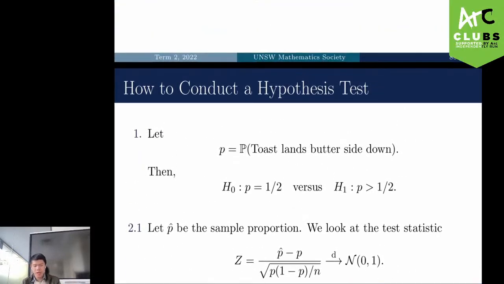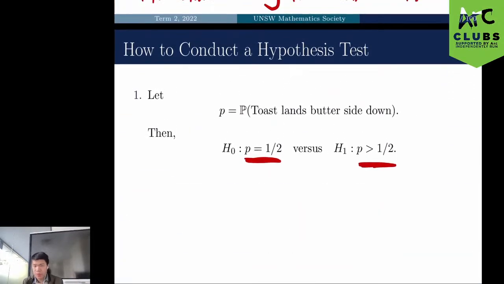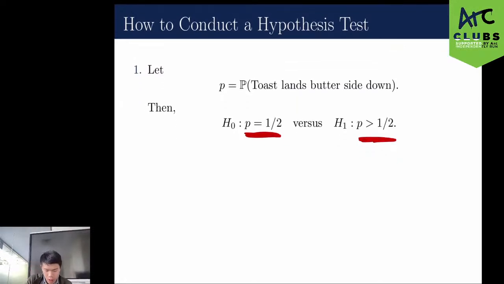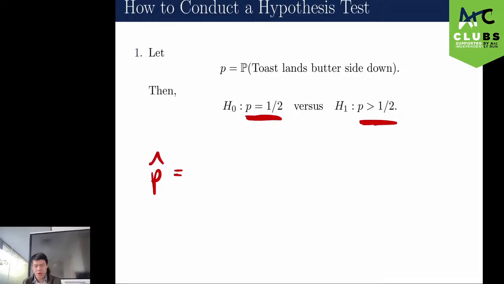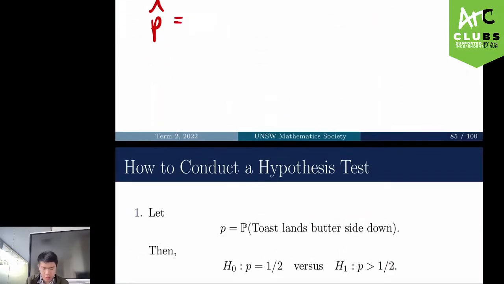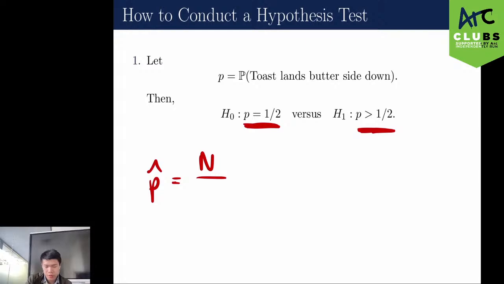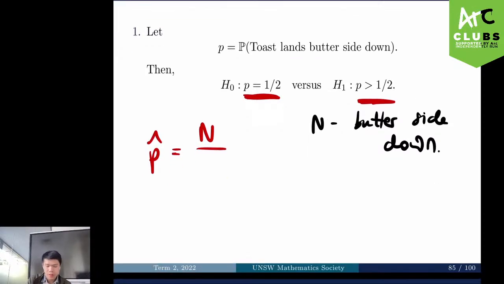And so what we do is we take this test statistic. And so the binomial distribution is a bit annoying. So what we generally tend to do is just take the estimator of p minus a half, divided by... The estimator of p is actually equal to, it's a binomial thing, where n is the number that land bottom side down, and n is the total number.